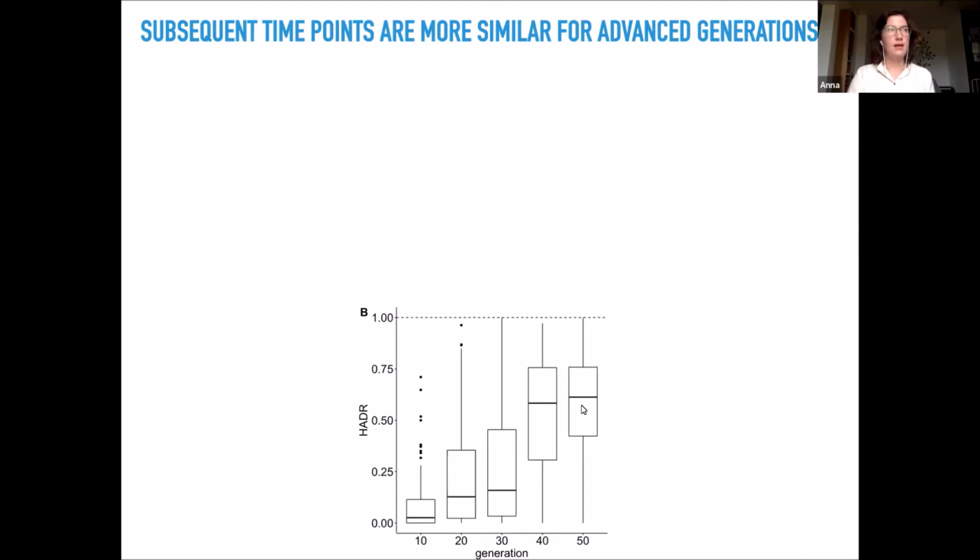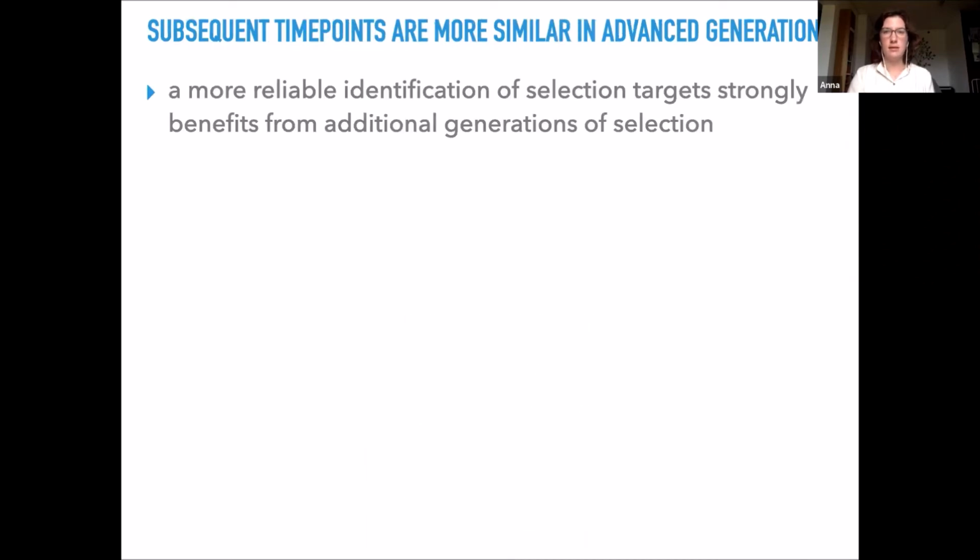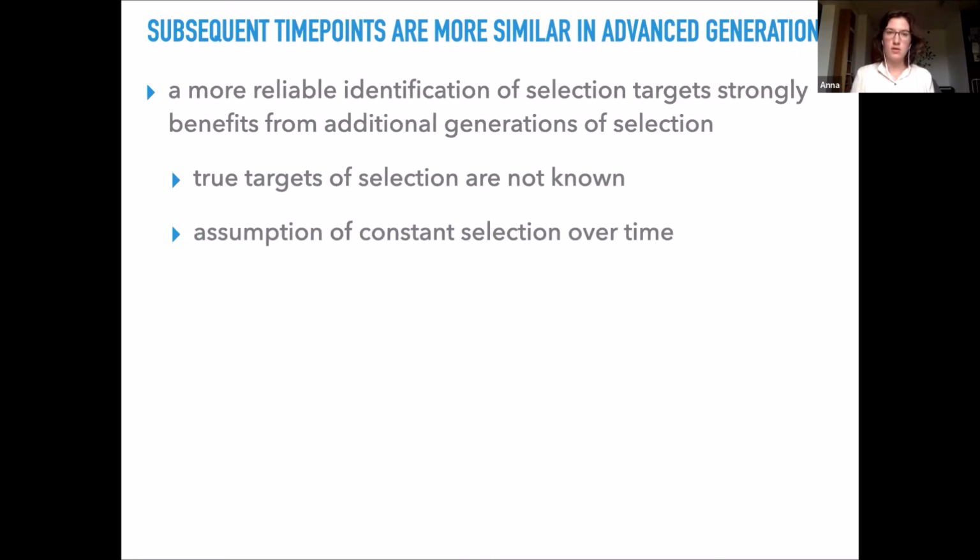Okay, and this suggests that a more reliable identification of selection targets would strongly benefit if you let your experiment run longer. However, I would like to point out that this is still an empirical study, and although it's done really, really carefully, we don't know the true targets of selection, and this assumes constant selection over time.